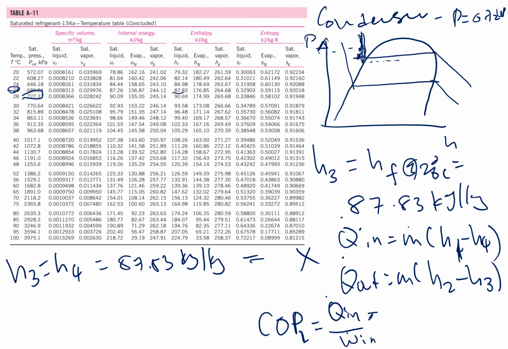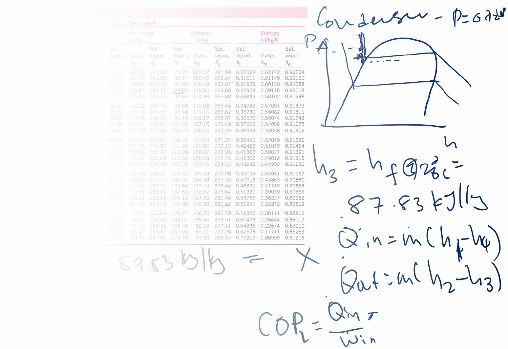Okay, and then in order to calculate the X value, okay, there's more. So X is equal to what? 87.83 just now. H4 equal to 83.87, yes.